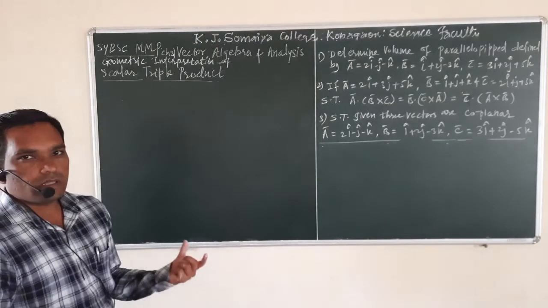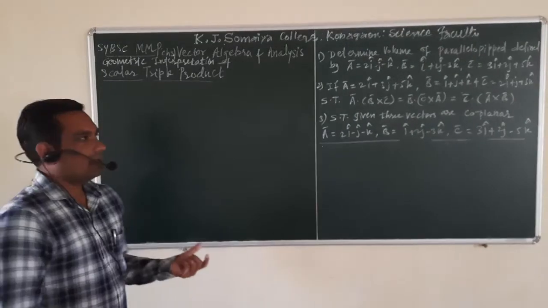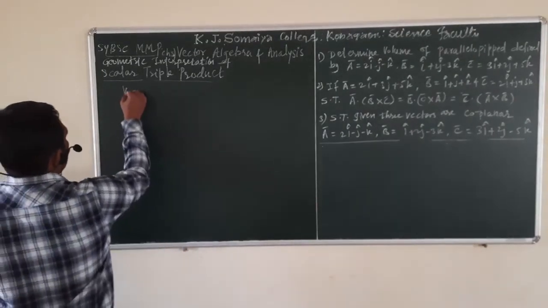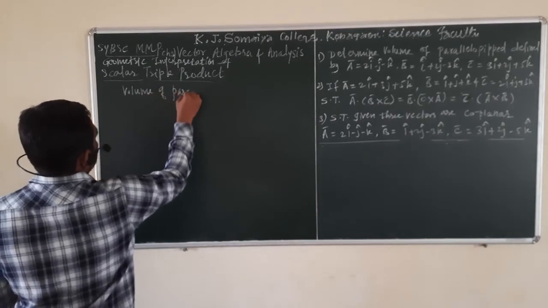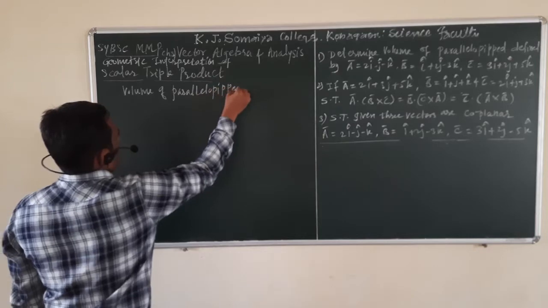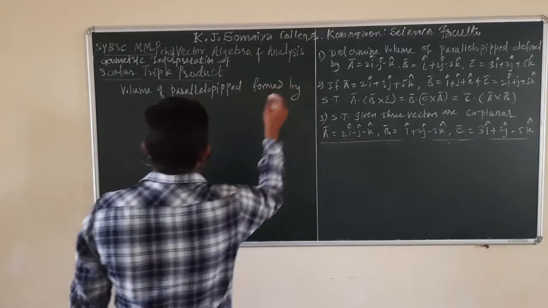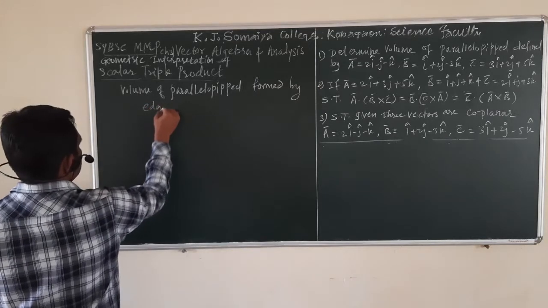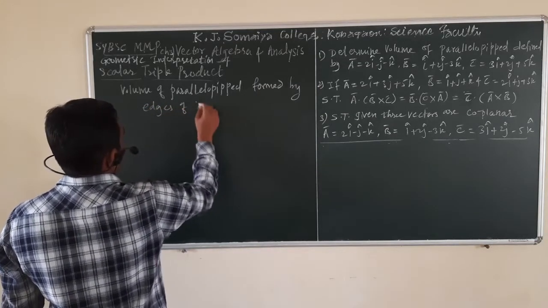If you take the scalar triple product of any three vectors, that represents the volume of the parallelepiped formed by the edges of the given three vectors.